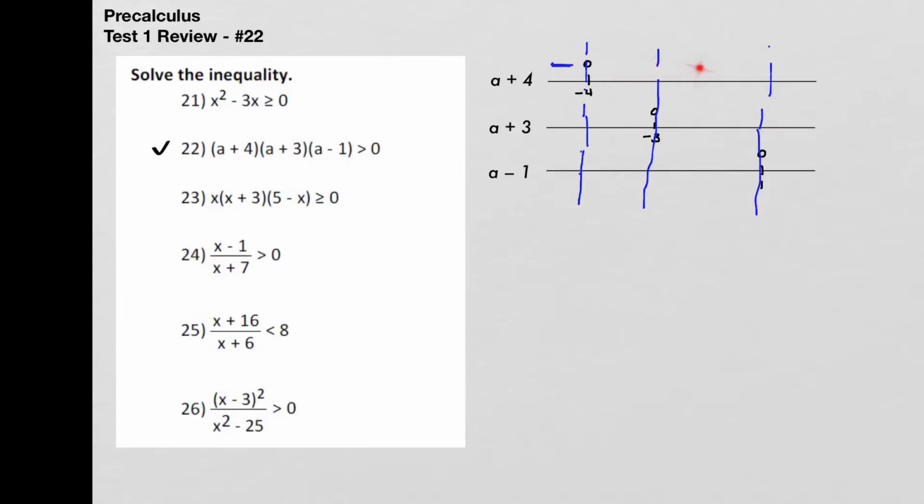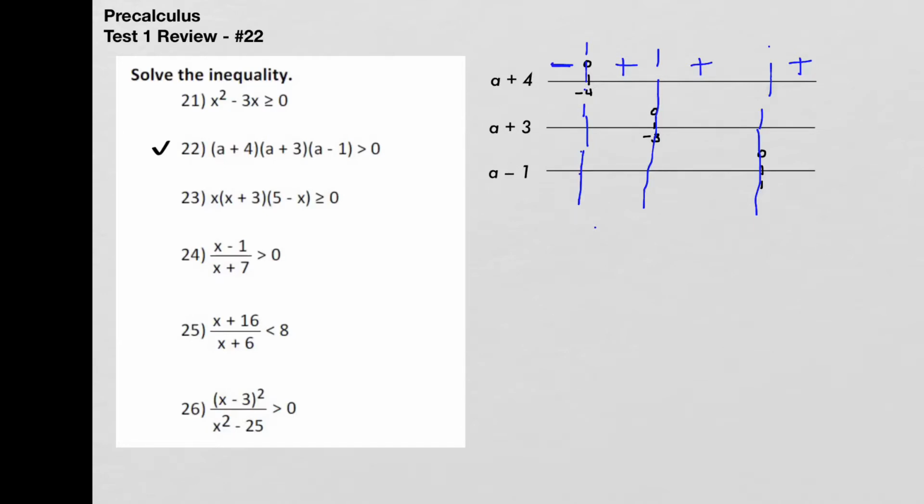I have to go through 0 in order to change sign, so the only place that this can change sign from negative to positive or positive to negative is when we have 0 here. So now I'm going to check a value that's greater than -4, say, for example, -3, and that is going to give me +1. So anywhere that the graph is greater than -4, we're going to have a positive value for that particular factor.